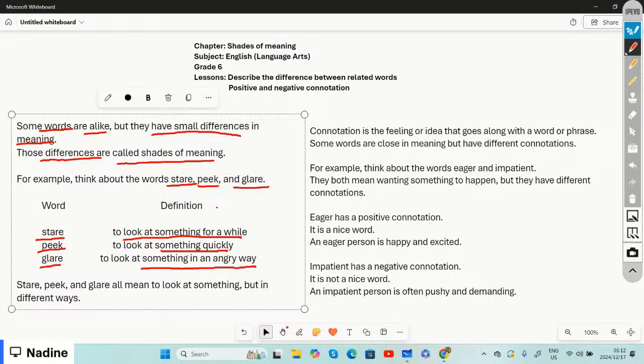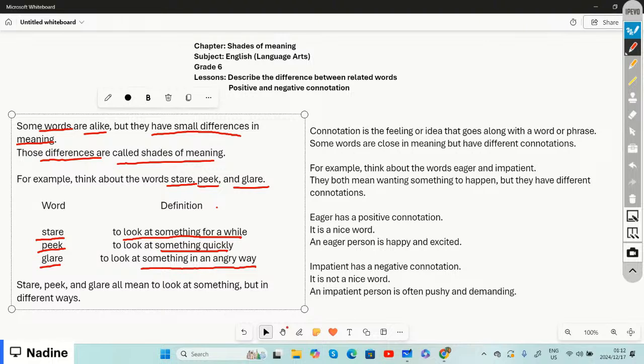Because sometimes you'll say, oh no, I stared at something, I peeked at something, I glared at something, I looked at something. But all four of those words, they are alike, but with slight differences. Some mean something positive, some words mean something negative.